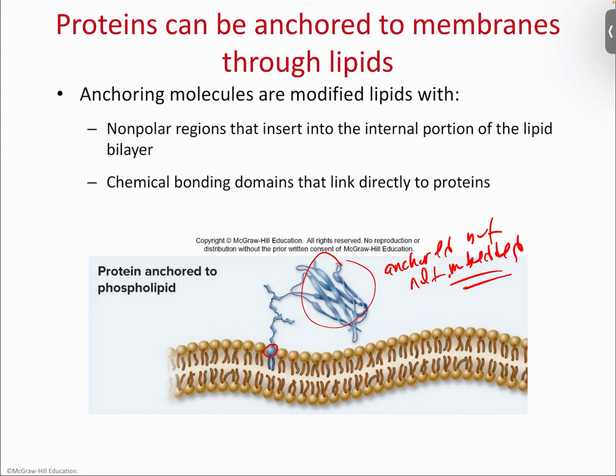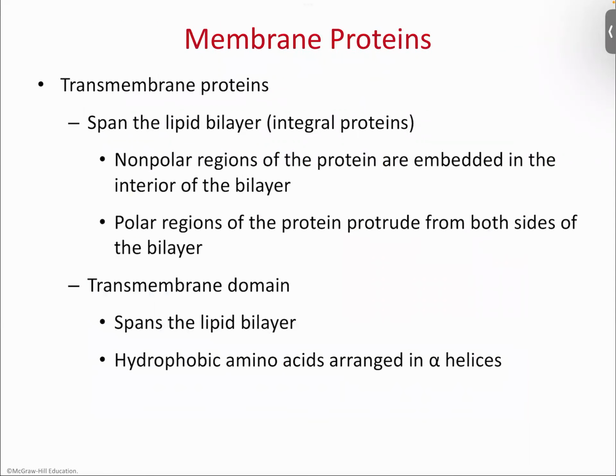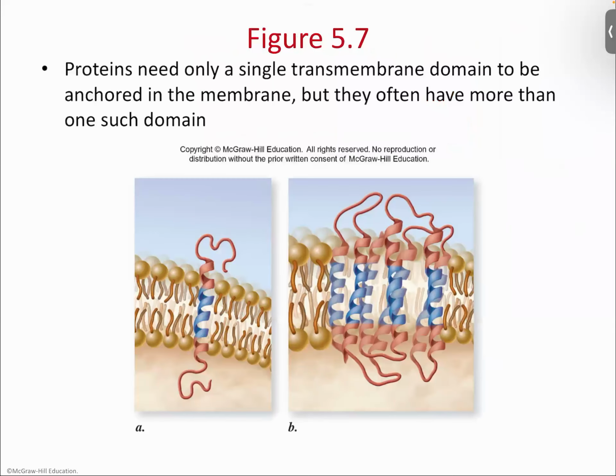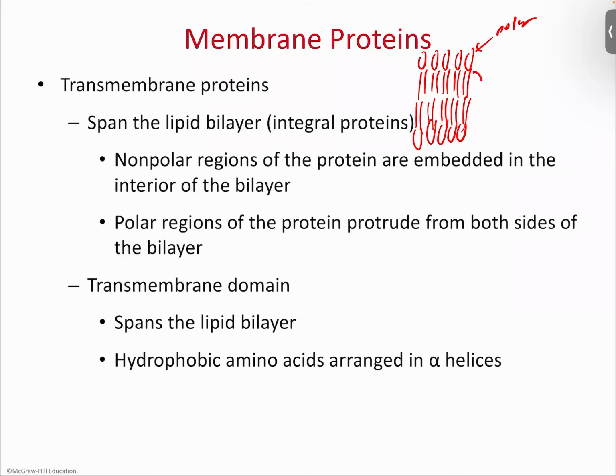So what do you need in order to integrate? What do you need in order to insert? Well, what you need is a transmembrane protein. So think about it for a second. You have your lipid bilayer. Now, there's a couple of things we know about the lipid bilayer, yes? We know that these heads here are polar. True? We know that this whole region right in here is nonpolar.